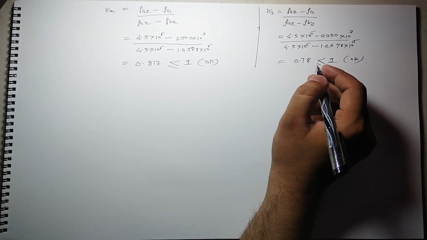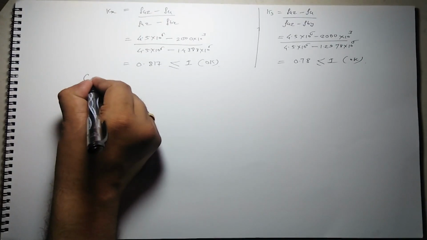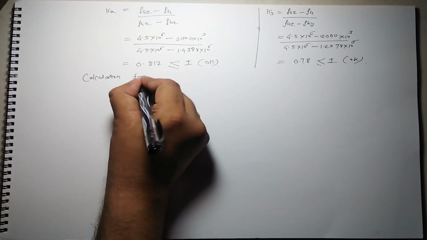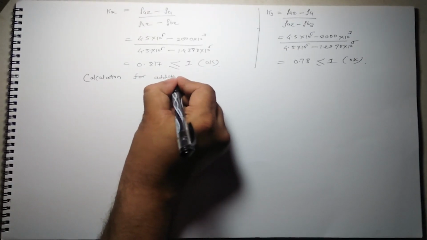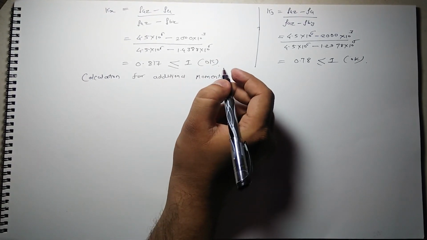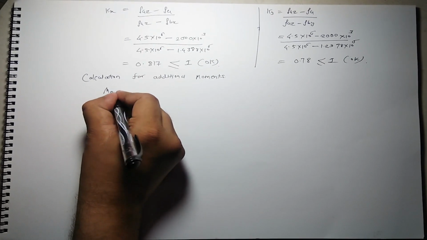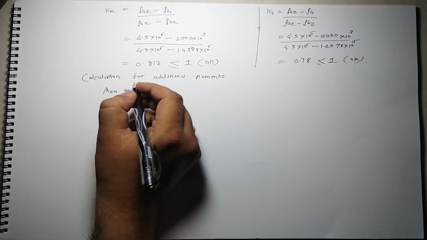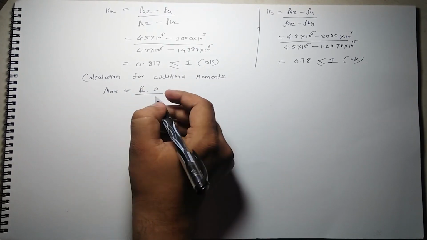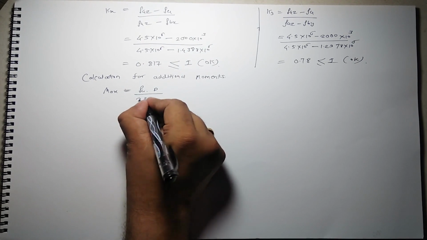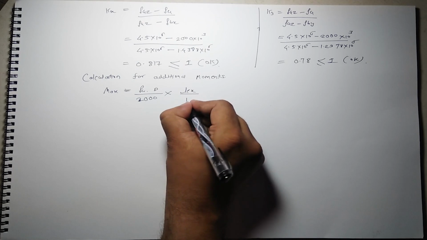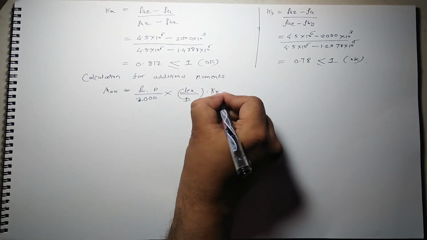Okay, so now calculation for additional moments, that is additional moment Max, moment additional x. So that is Pu into D by 2000, the formula is 2000 into Lex by capital D, whole square, into Kx.